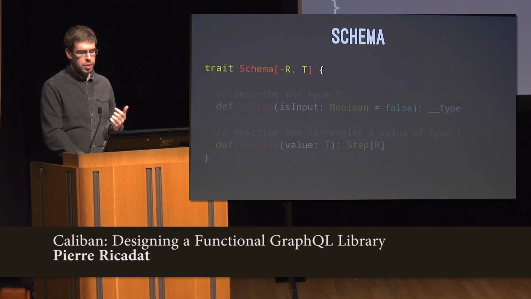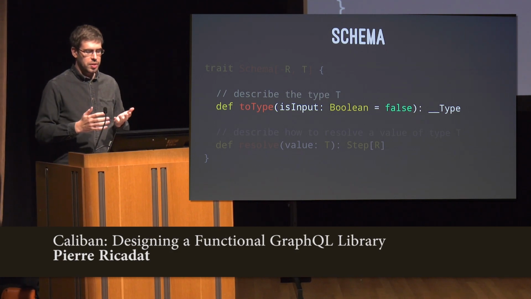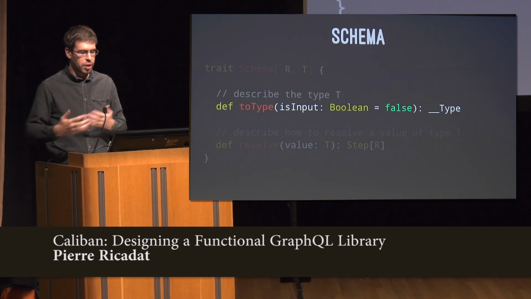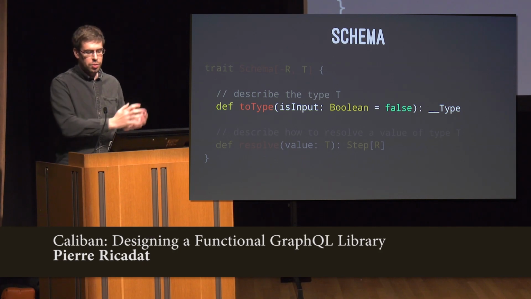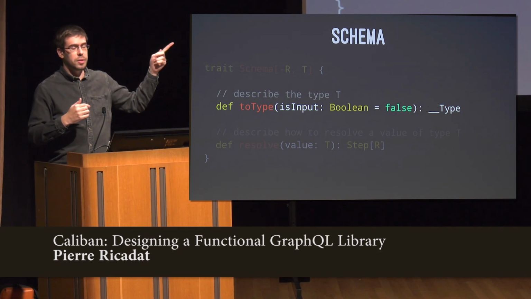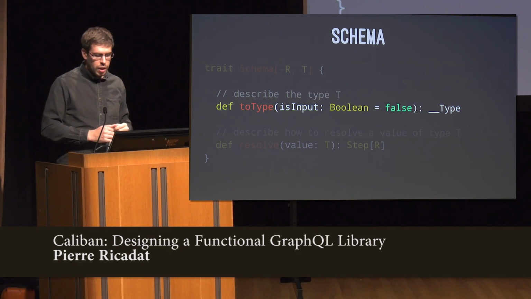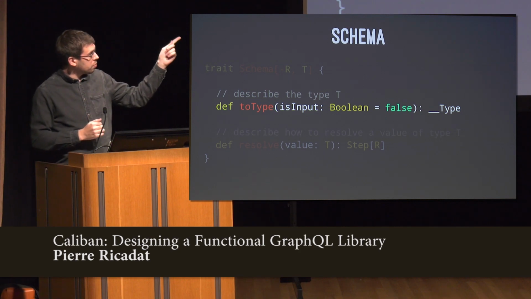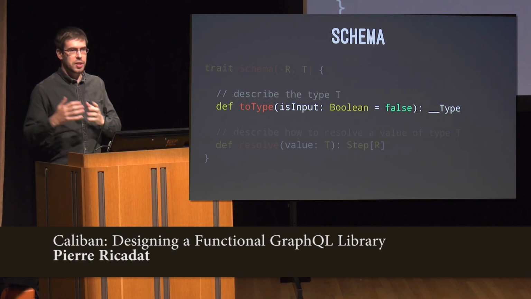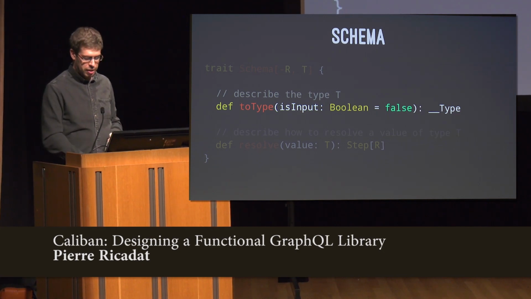So to create a schema, we just need to implement two methods. The first one is toType, it means to GraphQL type. So how do you go from that Scala type T to a GraphQL type? Underscore type, that's the GraphQL type name. I called it underscore because that's the way GraphQL calls it, so I just try to match exactly their names.